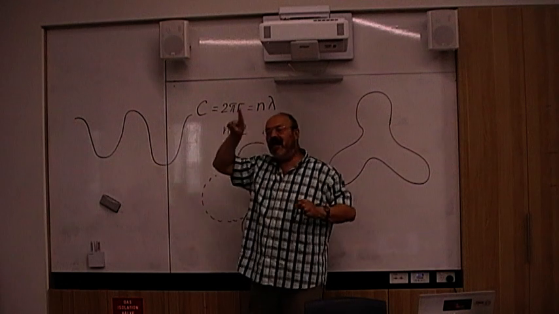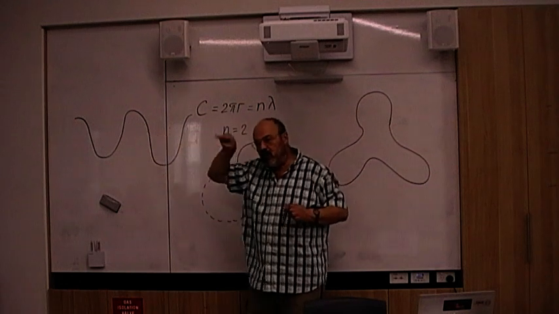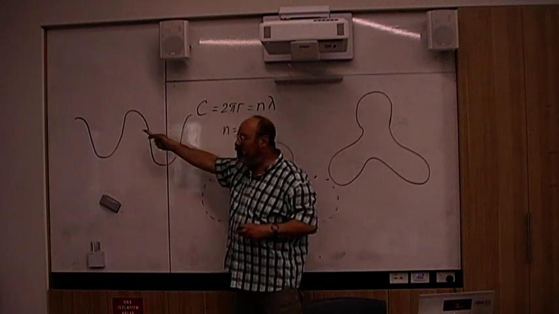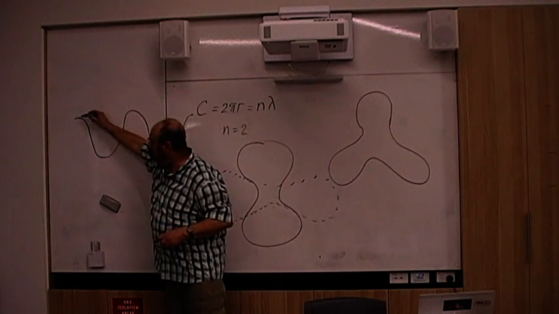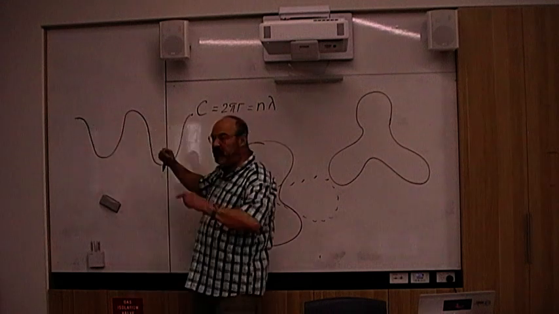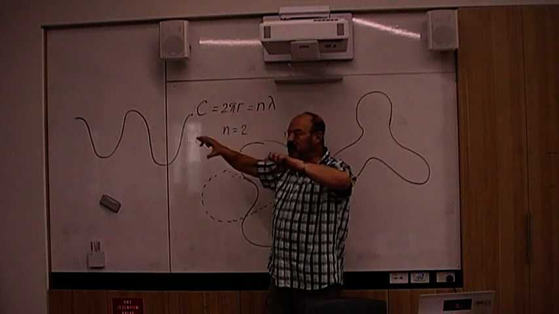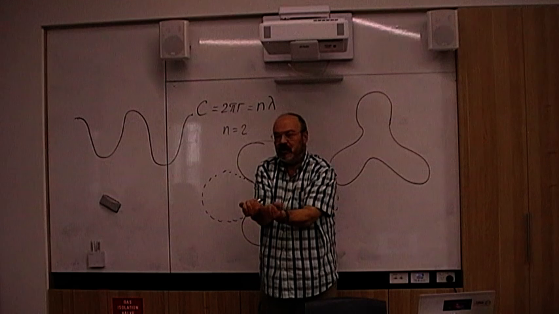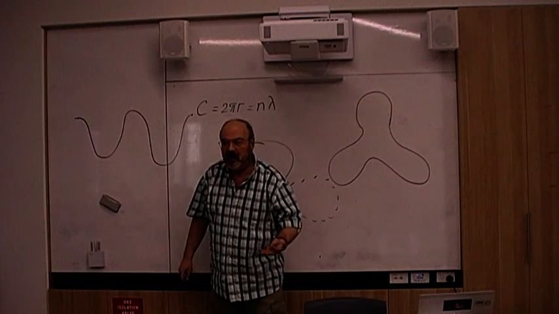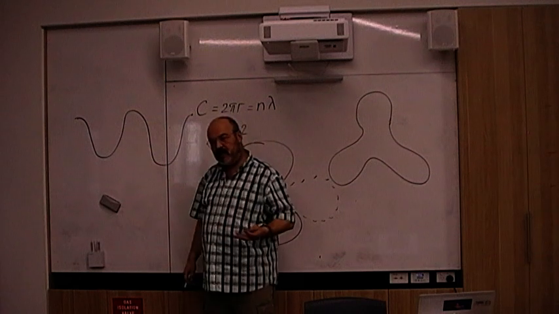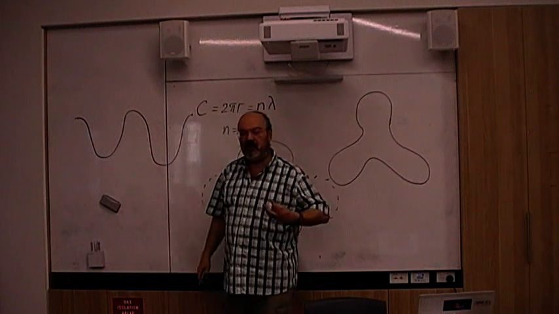This wave is going around, not going straight. And when it goes around the orbit, if it fits exactly, you will have crest meet crest. Imagine we have this and we turn it around. Crest meets crest, what will we have? Constructive interference. We have a standing wave created.